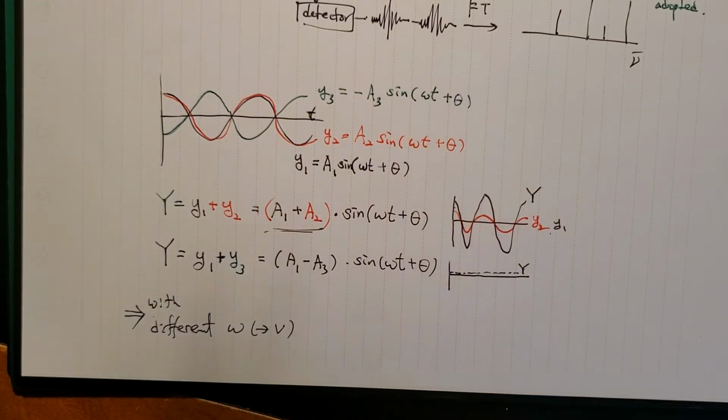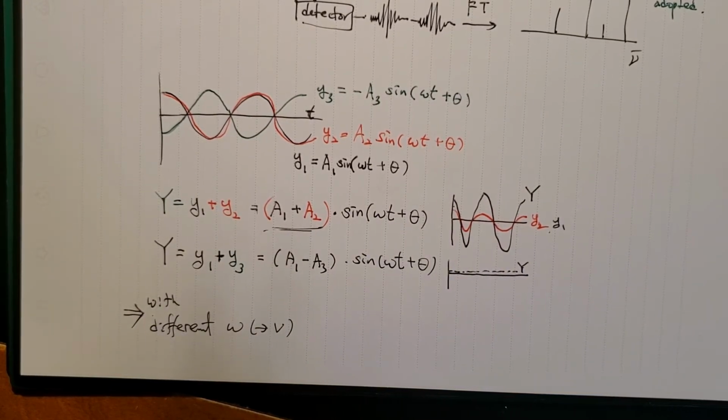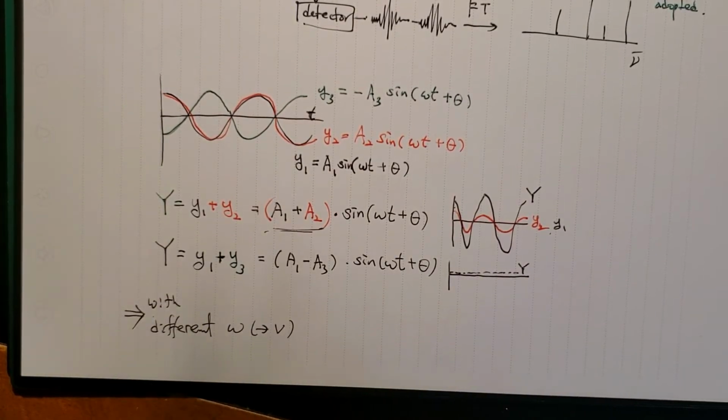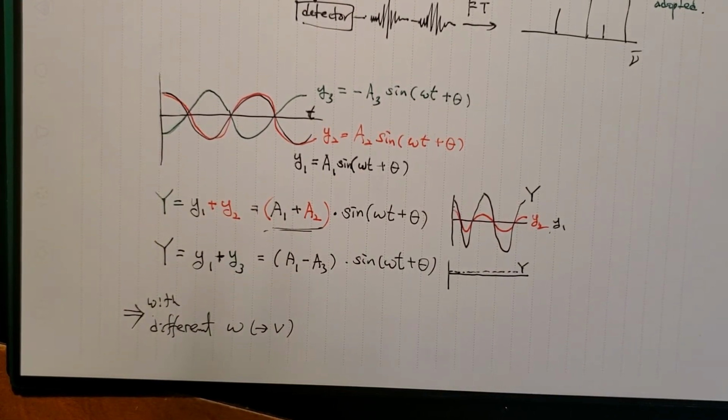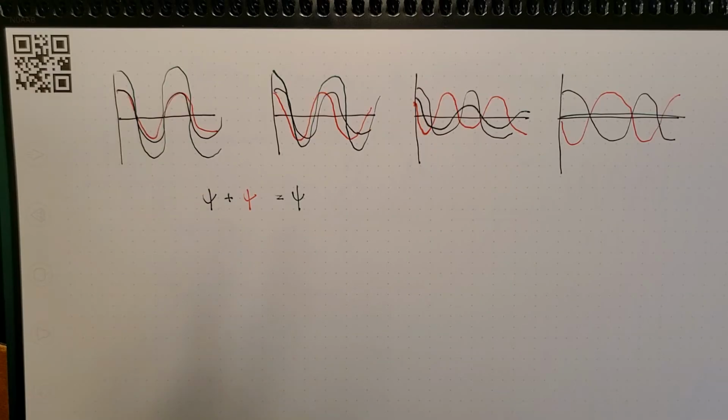That's when you have the same wavelength. So with the same frequency, you make it intense or dimmer. Those are the two ways of thinking of the interferogram.